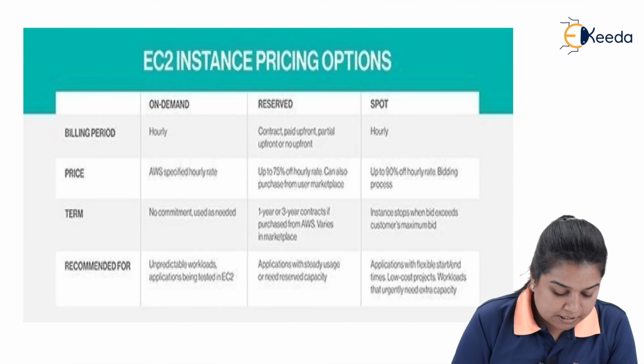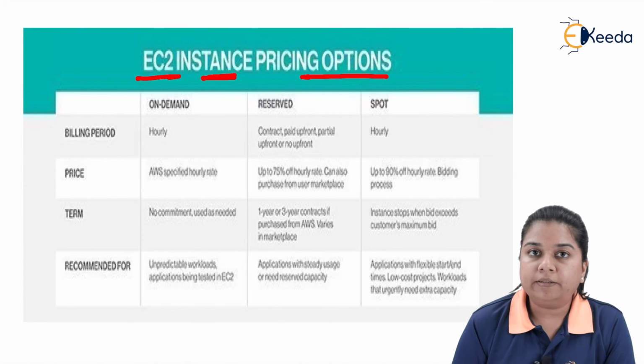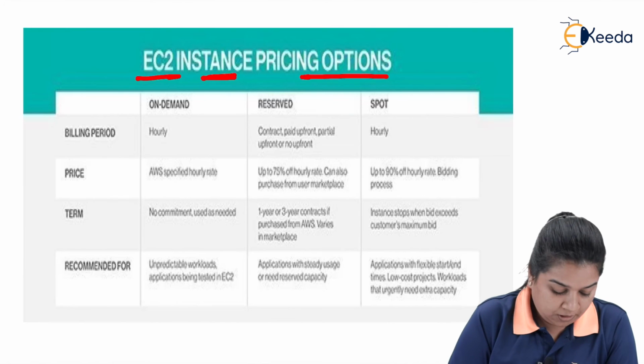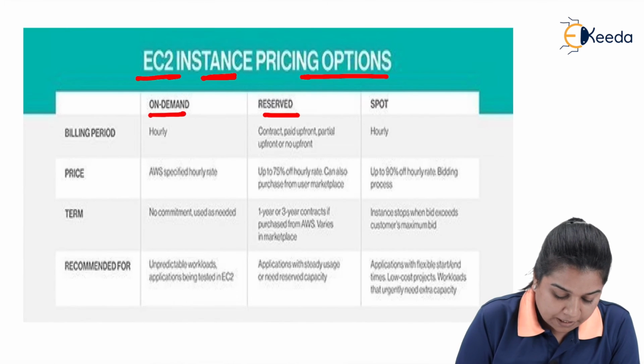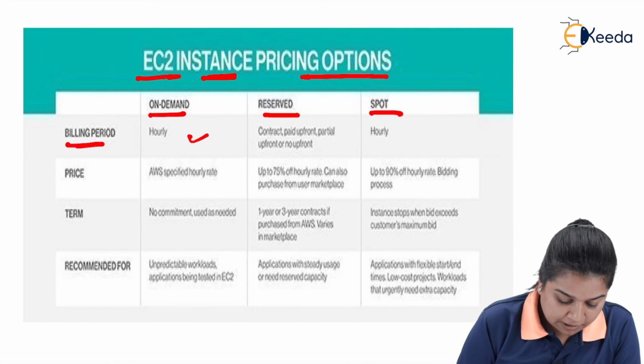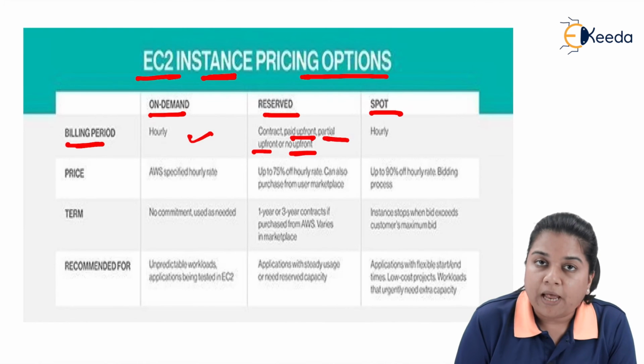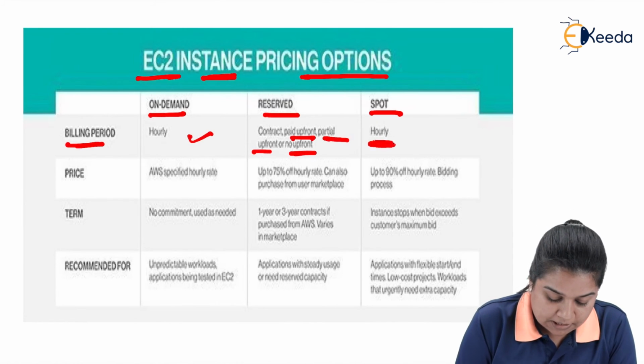Now, how these EC2 instance pricing options work, we can see in the table below: on demand, reserved, and spot. The billing period for on demand is hourly; reserved is by contract, paid all upfront, partial upfront, or no upfront; and spot instances are hourly.